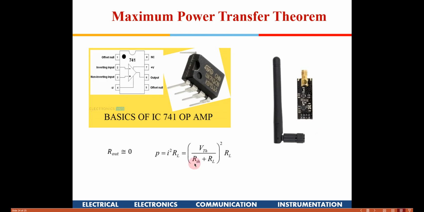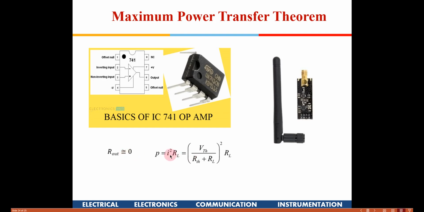Okay. I'm not wanting to confuse you with this, but let me just cover this aspect also. If you see an op amp, and the op amp has got R out almost equal to 0, if you make an amplifier using an op amp, the output voltage will not have a series resistance. Okay, the Thevenin resistance will approach almost 0.